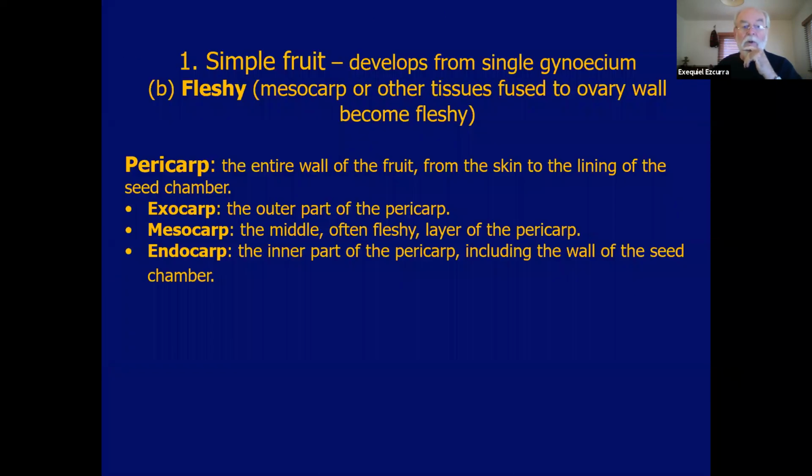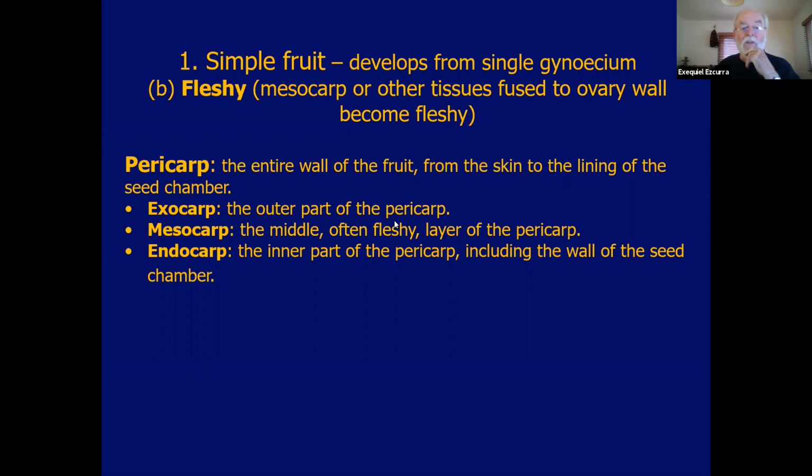What I'm going to show you now, we're going to discuss, is within simple fruits that develop from a single gynoecium, the fleshy ones, fruits in which the external pericarp, the ovary itself, once it's fertilized, becomes a fleshy structure.